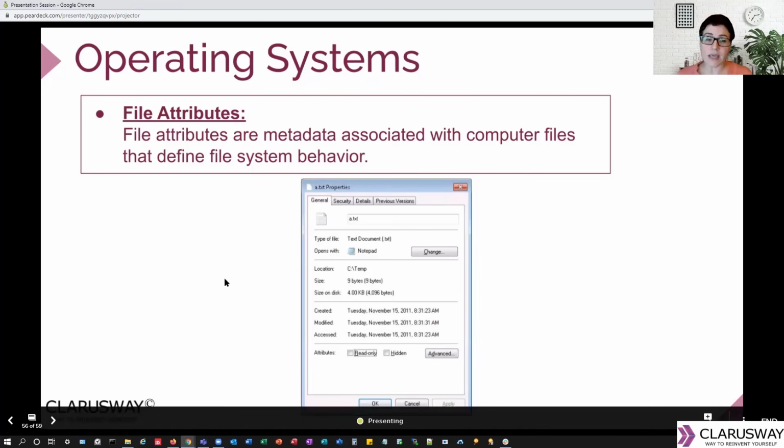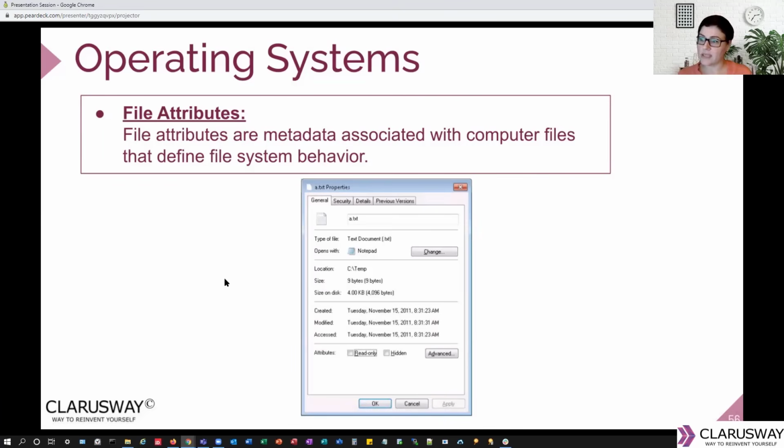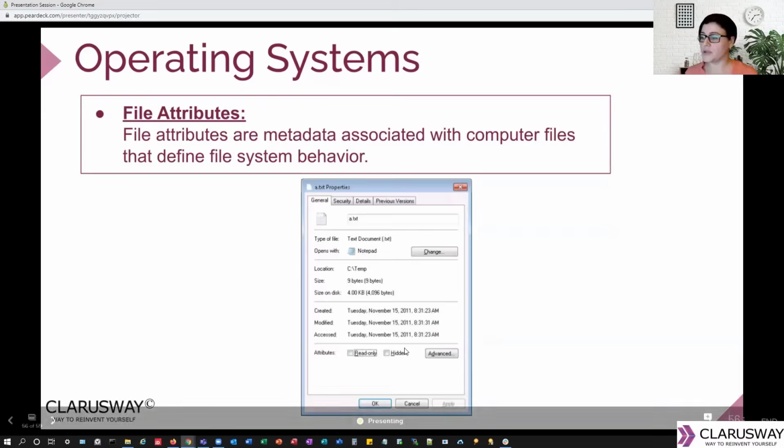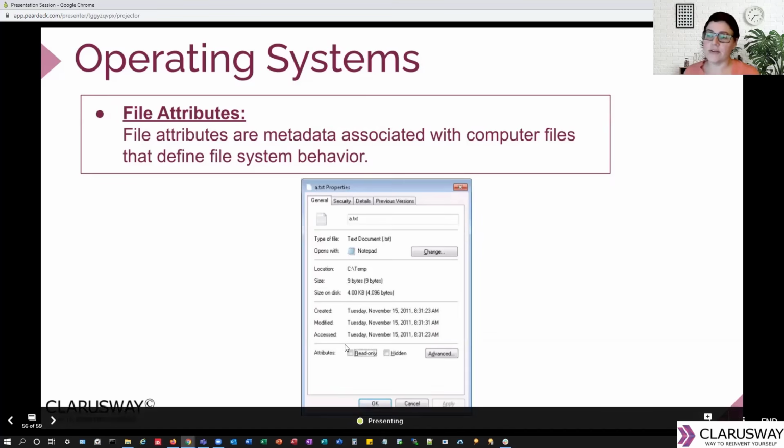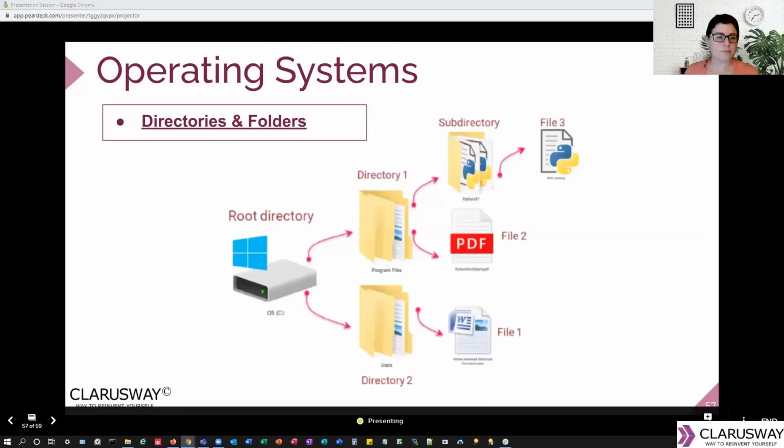Obviously, if you're using a command line, then instead of having these graphical interface components, you are actually going to be writing out commands that, you may in a command say, file XYZ attribute read only true. All right, and that means that you want to turn on the file's read only limitation so that people can't make edits to that file. They can only read the contents of the file. So those are file attributes.